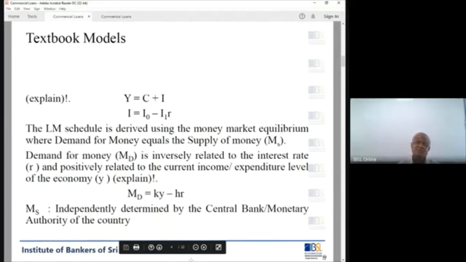So money supply is independently determined by the central bank, the monetary authority of the country. The money market is in equilibrium when money supply equals demand for money, consistent with the behavior of the central bank and the behavior of other players in the economy. Using that relationship, we derive the LM curve.